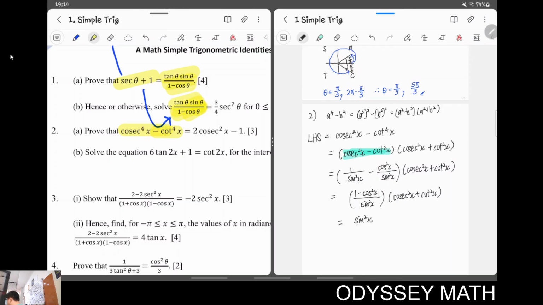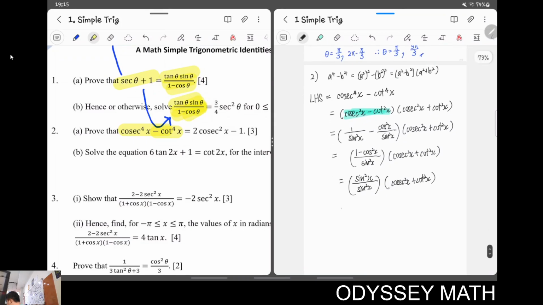From the trigo identity, sine square x plus cosine square x equals 1. So effectively, this is equal to 1. So I don't have to write that down anymore. So let me write down the one in yellow here, which is cosecant square x plus cotangent square x.